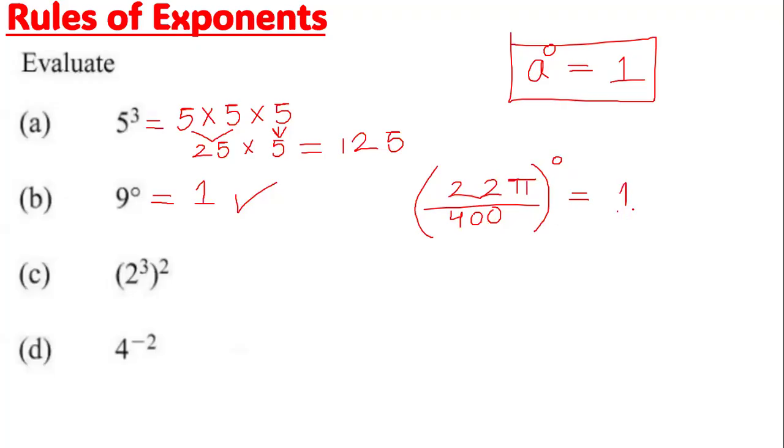What if I have 1 million to the power of 0? That's just the rule. 1. If I have 1 gazillion to the power of 0, 1. It doesn't matter what number I put inside there. Any number to the power of 0 is going to be what? 1.